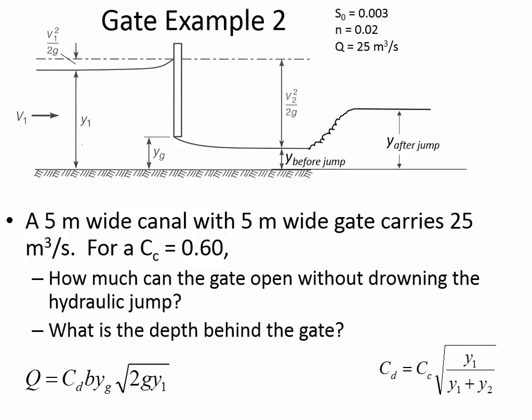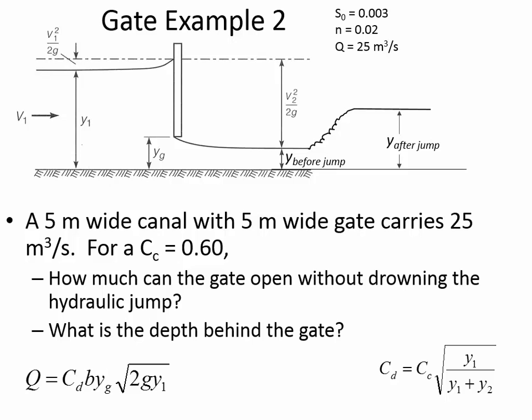So 1.022 divided by 0.6 tells us we can open up the gate 1.703 meters. And if you open it more than that, then the hydraulic jump will go towards the gate and it'll be drowned.